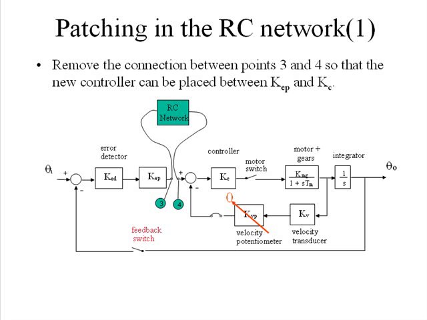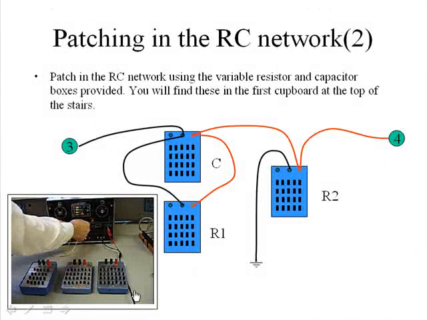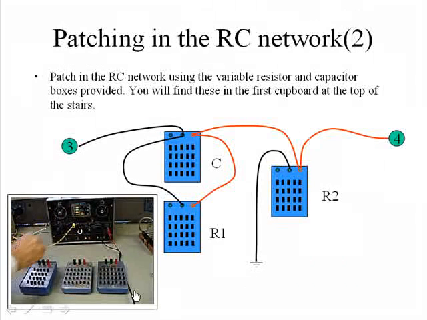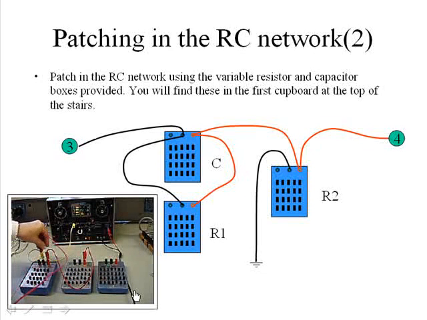We can now patch this RC network in between the points 3 and 4 on our diagram. It's important you make sure you take out the connection between them. So following the wiring diagram, first of all we can go into the capacitor, and then in parallel with the capacitor we can put the first resistor, R1.